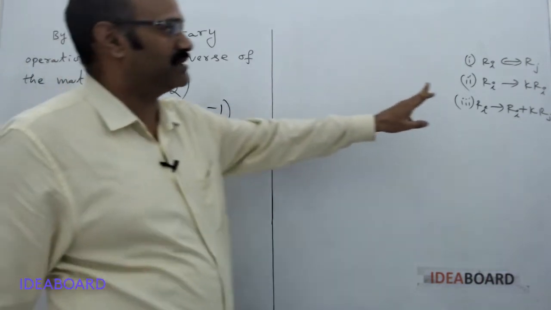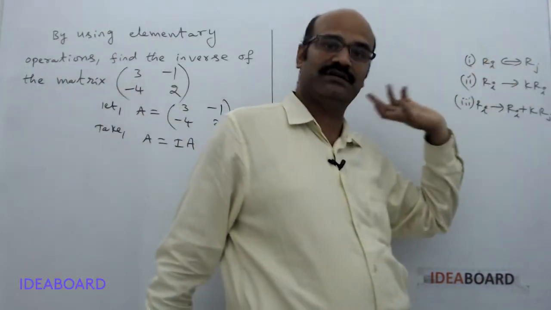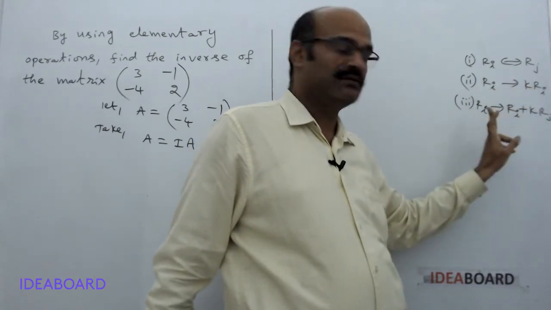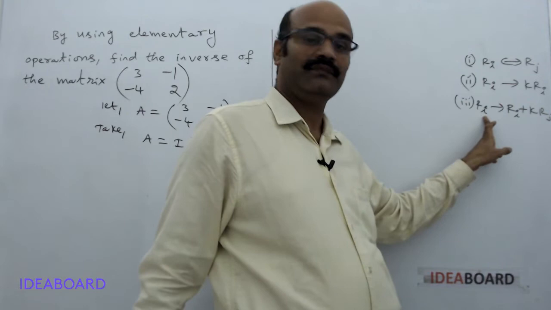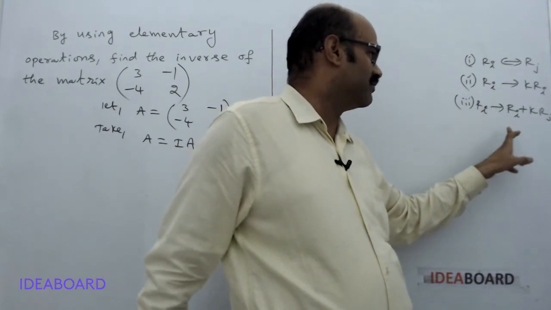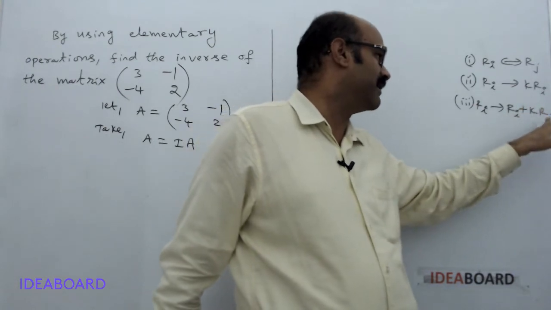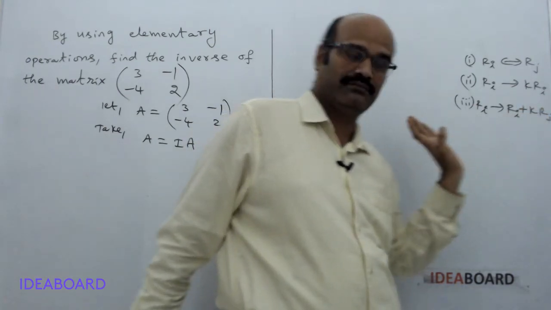We have the 3 row operations. Any 2 rows can be interchanged. Any row can be multiplied by a non-zero number. The third one, any row can be added to the corresponding elements of any other row by multiplying a non-zero number.